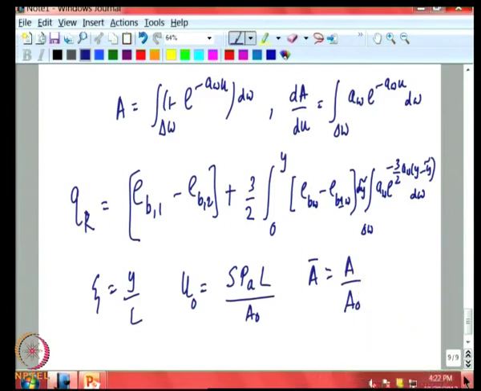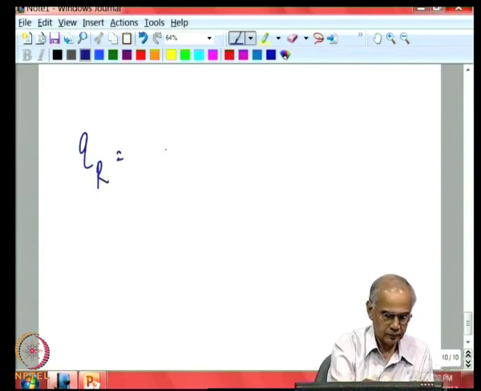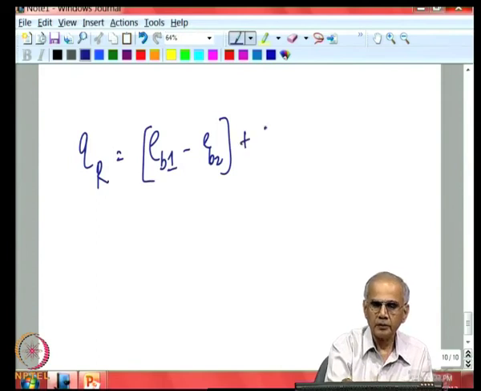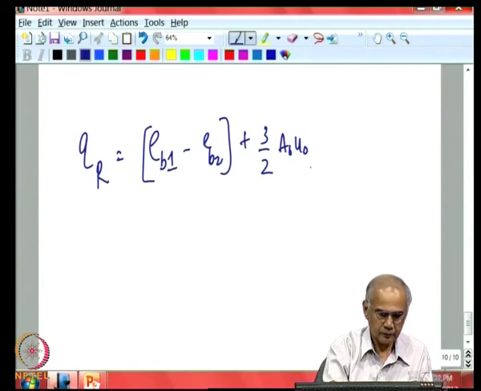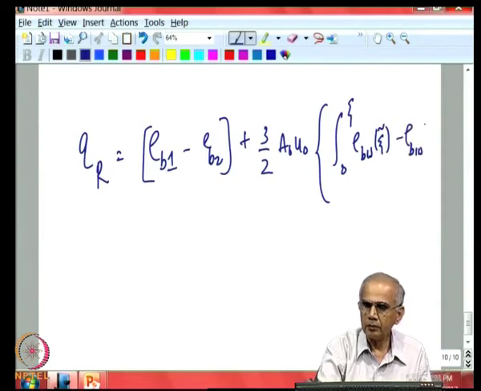If you use these three definitions, then you can rewrite our expression for Q r as E b 1 minus E b 2 plus 3 by 2 A0 U0, and we open the bracket, 0 to psi, E b omega of psi tilde minus E b 1 omega.